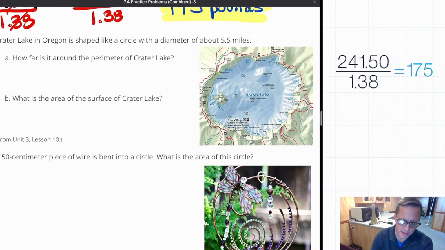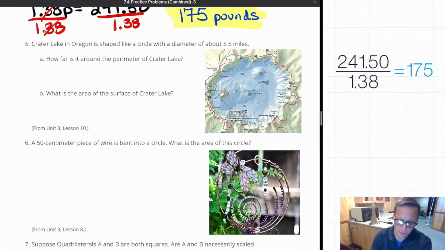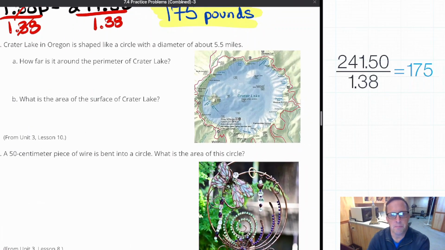So 5.5 miles. The picture I pasted in there is a map of Crater Lake. Obviously, it's not a perfect circle, so this is going to be for estimation purposes, but it's probably going to be pretty close.